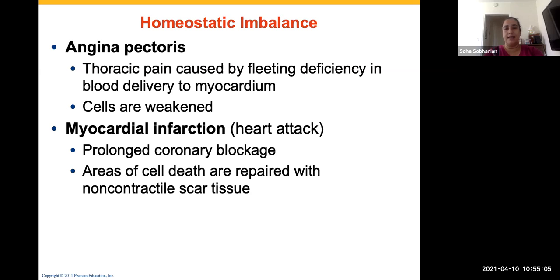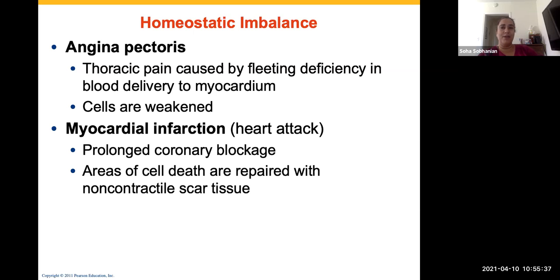In that case, the answer again would be your left ventricle, or sorry, I should say limited blood supply to the left ventricle, because it is responsible for supplying the rest of the body with oxygenated blood.